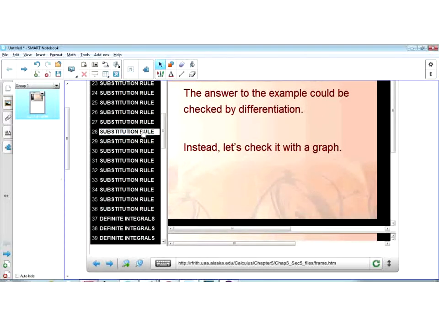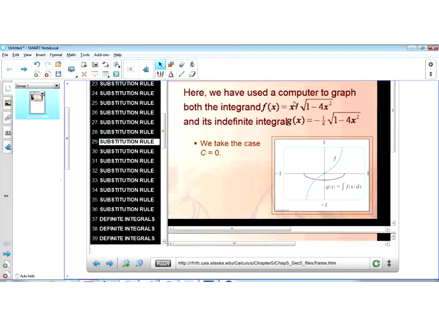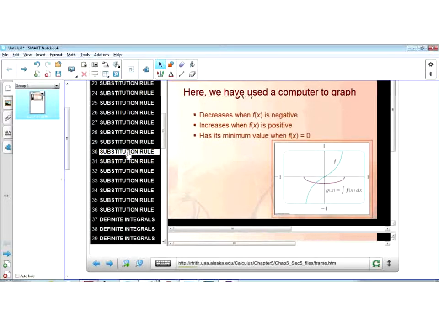All right. So they want to check the answer graphically. So here we've used a computer to graph x over, okay, so I guess that was it, and its indefinite integral. All right, in this case we take c equal to 0. So what are they trying to shoot for here?